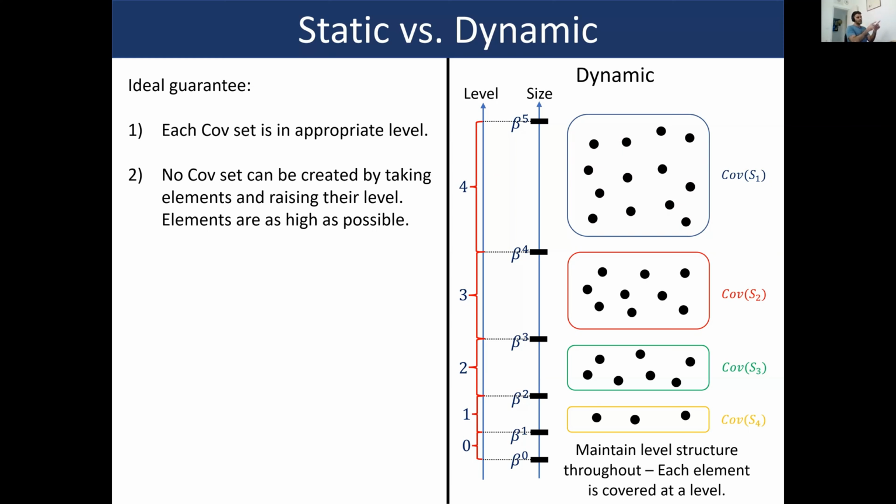Just like in the static case, I want to choose the elements as early as possible. I start from the highest level when I choose them, and then I go lower and lower, as in the example I said earlier, I start with level 10, then level 9, and that's the order that I choose them in. That's the greediness. So here also, I want elements' level to be as high as possible. If I can guarantee these two, then I will have a beta times ln approximation factor.